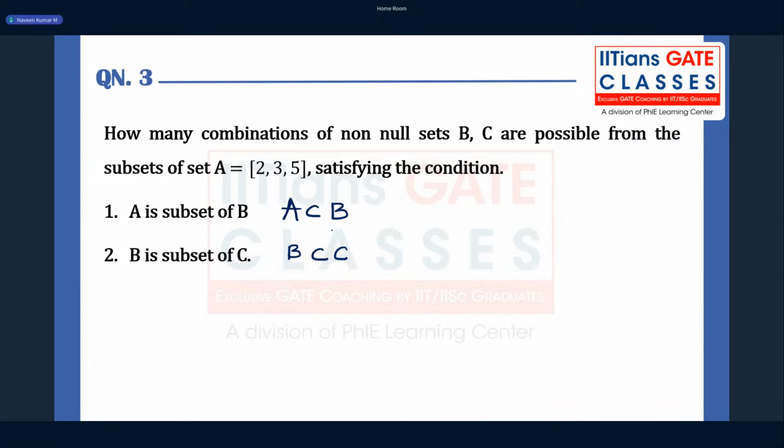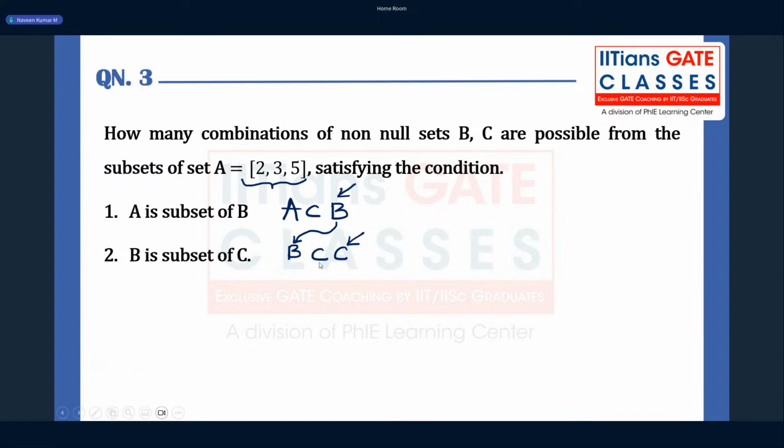So A is a subset of some set B, and again this B is a subset of some set C.